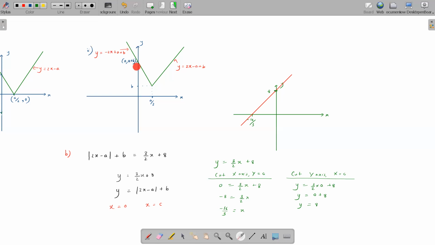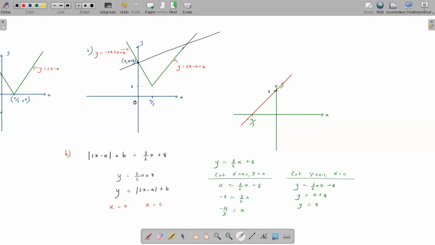So if I draw this particular graph on top of this, it needs to meet this graph in two places. One is at x equals 0, that they have told us in the sum. So x equals 0 is a solution, and then it has to go like this.